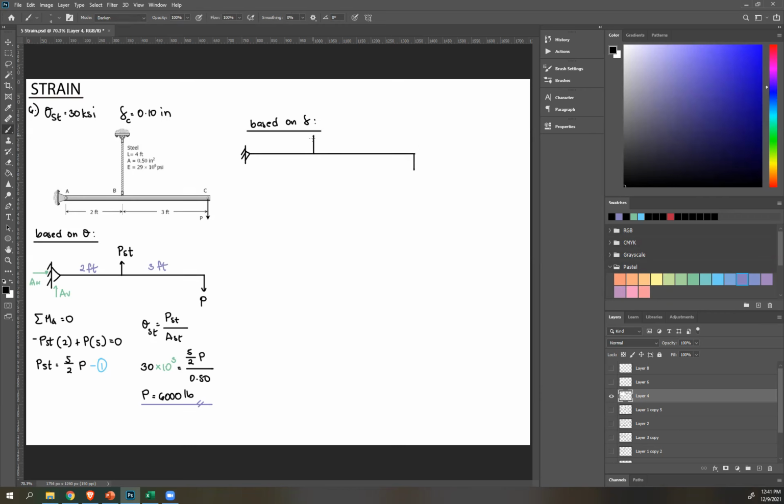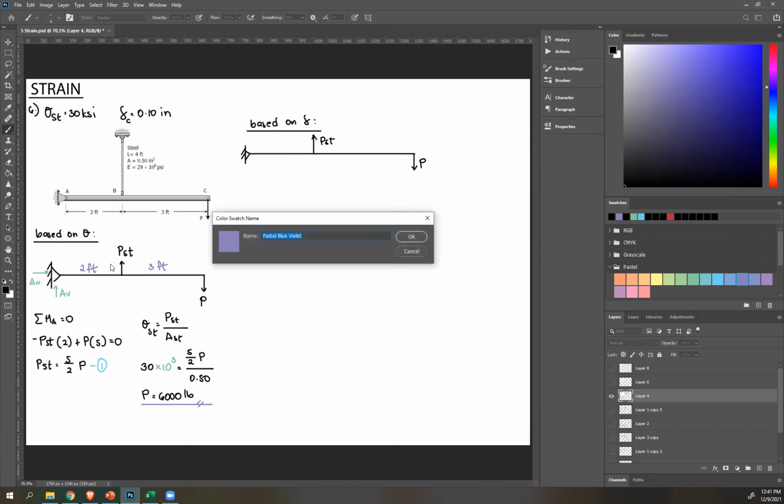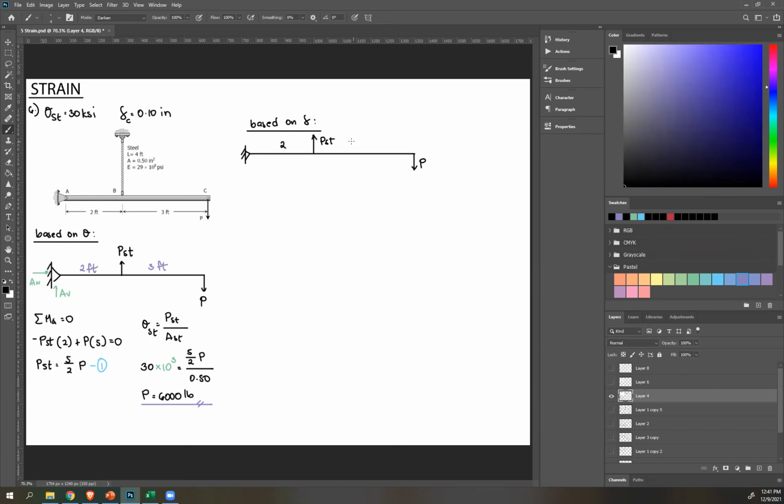So you have this as your PST. And then here you have your load P. Okay. And then let's include again that 2 and 3 feet. Okay, this is point C, B, A. Same thing here, A, B, C.